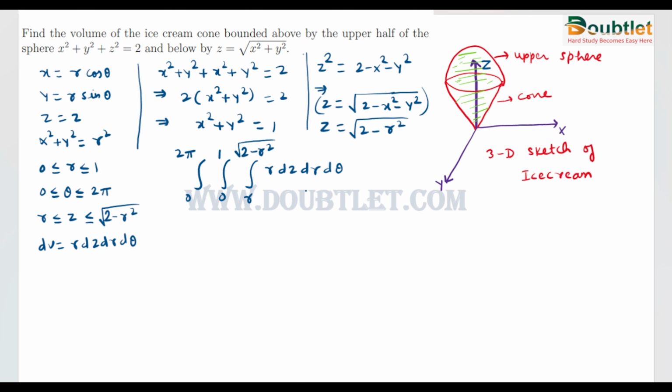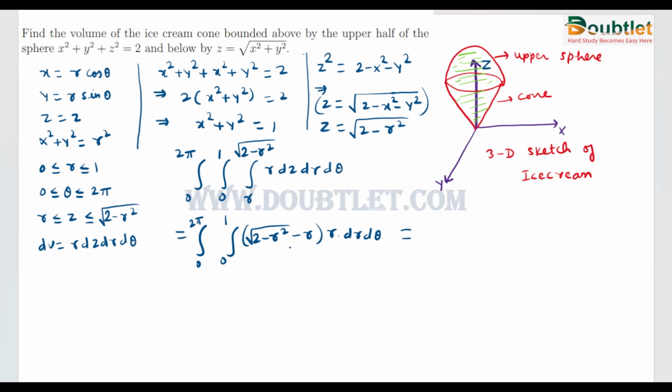Here there is no function of z, so dz will directly integrate to z and the limits will be put in. On further solving, we get the integral from 0 to 2 pi, from 0 to 1, of the square root of 2 minus r square minus r, times r dr d theta.